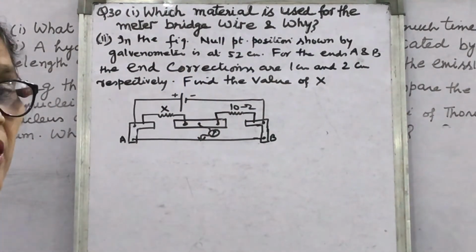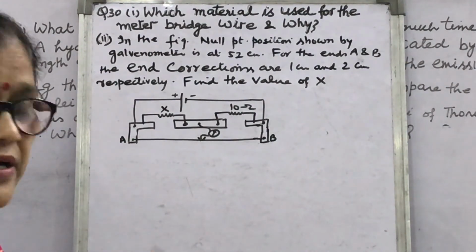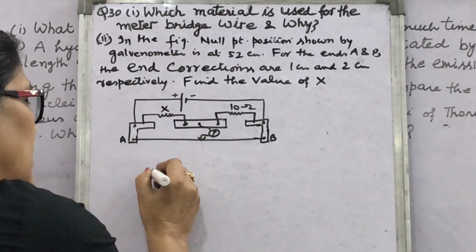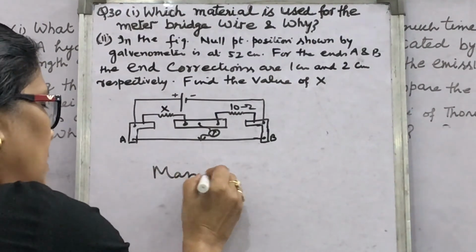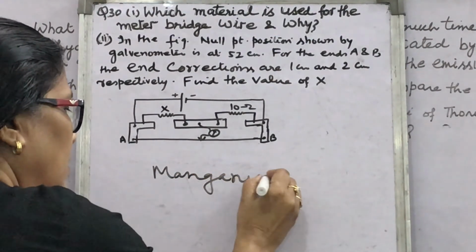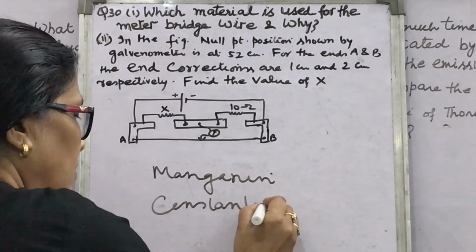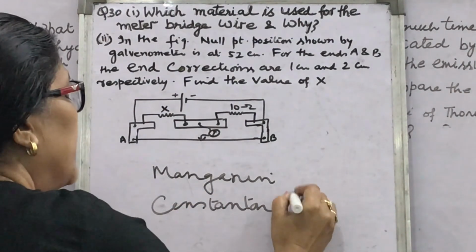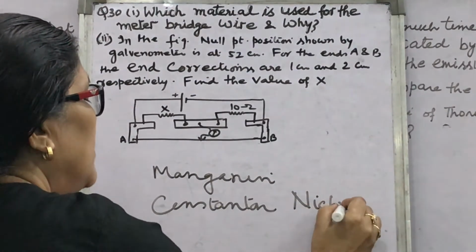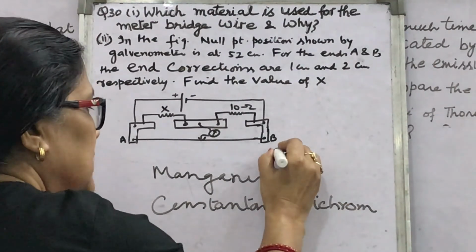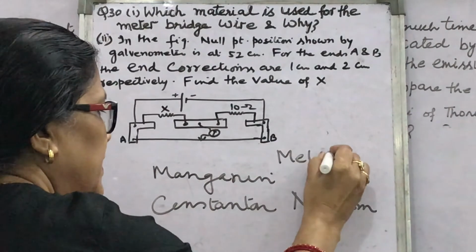A metal alloy such as nichrome, constantan, manganese. I am writing here manganese, constantan, nichrome. These are examples of metal alloy.